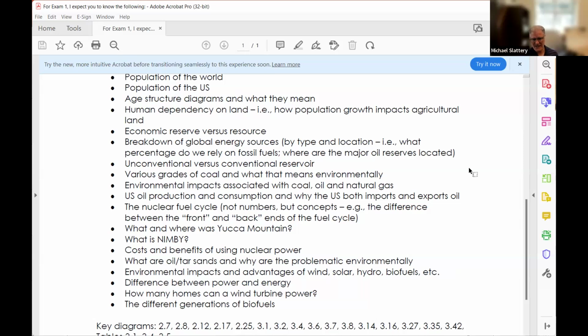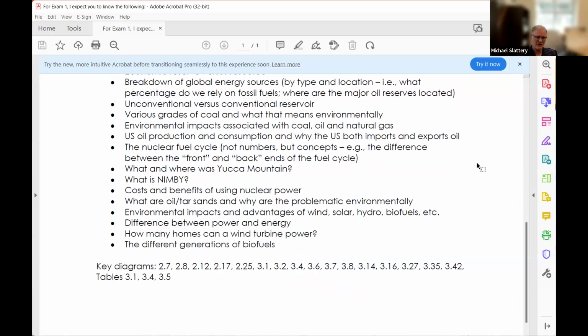If we don't get to that by Tuesday, end of class, then that won't be in the exam, right? So I'll be very clear as to where we will end the material. And then what I've put down here are what I think are the key diagrams and tables that you need to look at. So that's just my scope and approach in setting the exam.